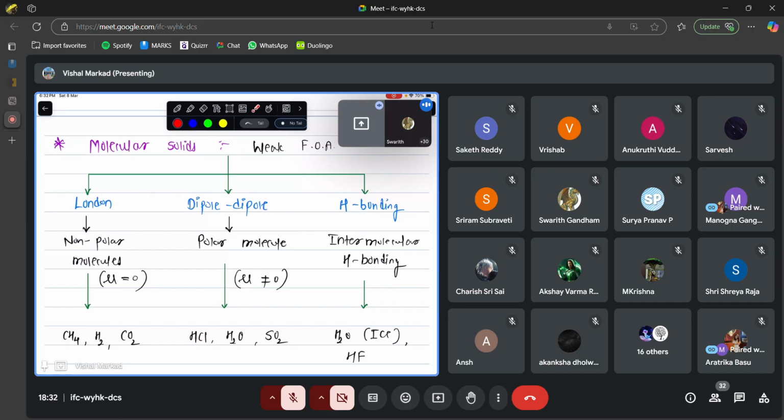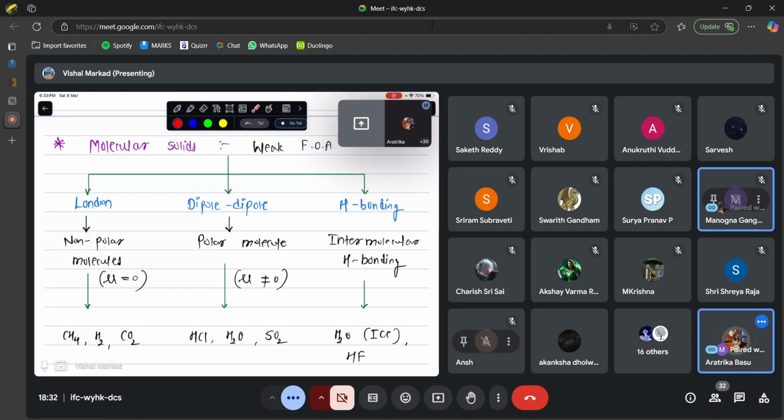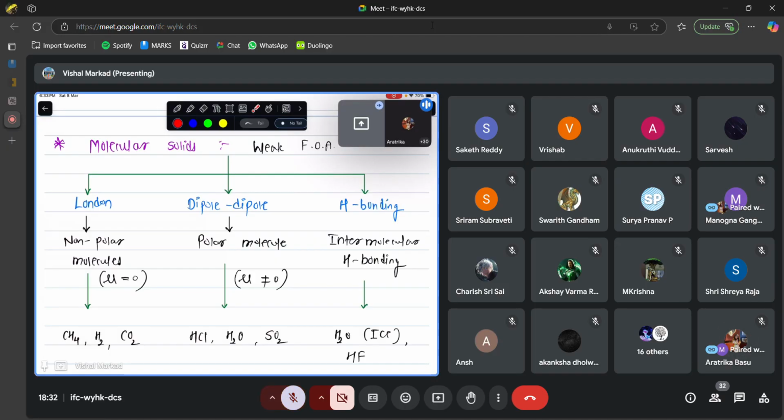So generally crystalline solids are classified into how many categories? What are the main categories? Crystalline solids are generally classified into which categories? So ionic, covalent, metallic, or molecular. Yes. Can you tell me one example of each of those four? What is the example of the ionic one?